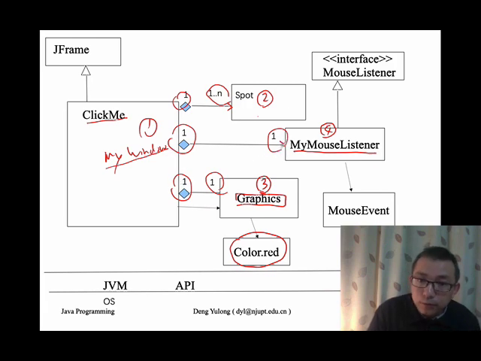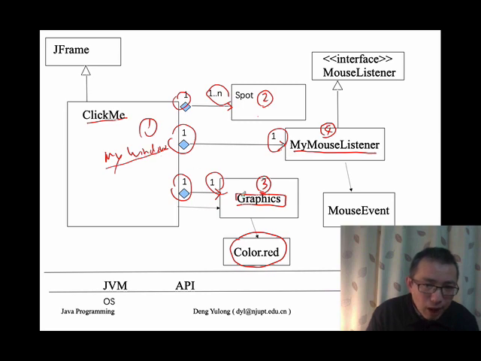So this is the arrow. Okay. Now we have this composition relationship, but that's not enough. Now we think about this graphics. This graphics is an object provided by the API, the Java platform. Each object can use it to display stuff on the screen. And how do we use it?